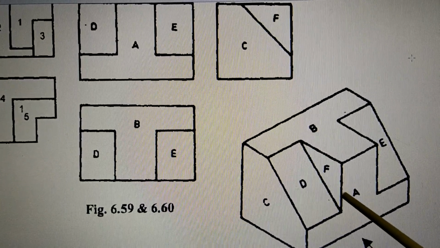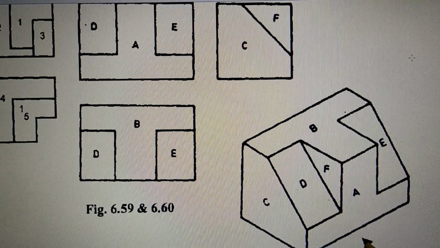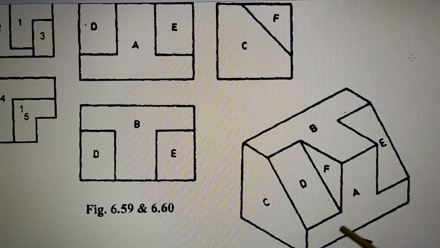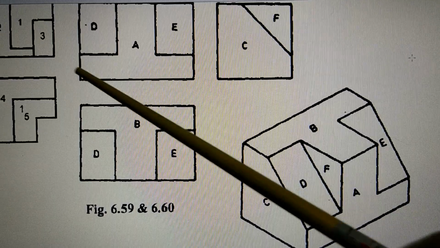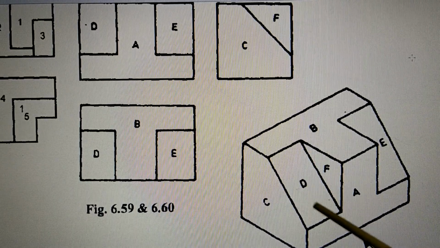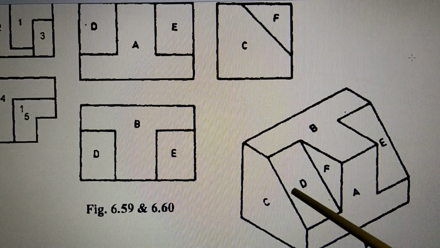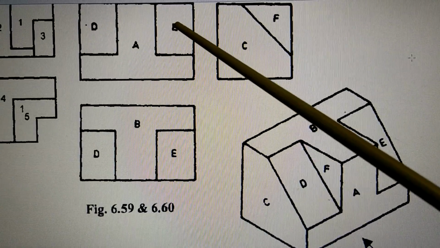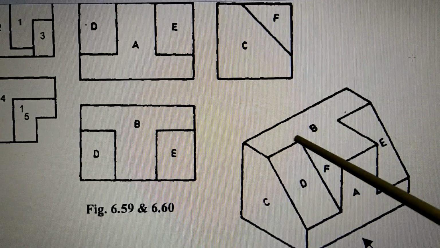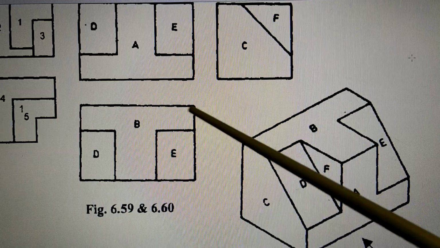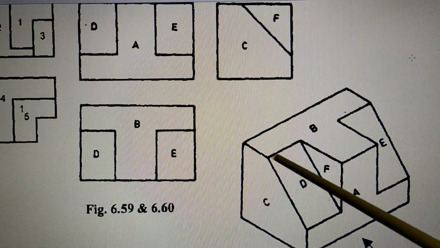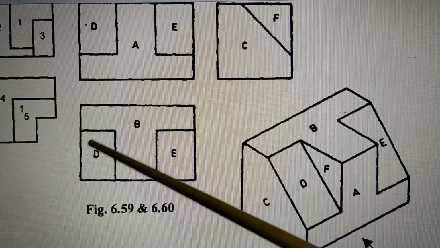Now the object is like this, direction of viewing is like this. So front view, this is A. On this side there is D, this side there is E. So A, D and E. When you see from top, this is B like a T shape. And on both sides there is D and E.